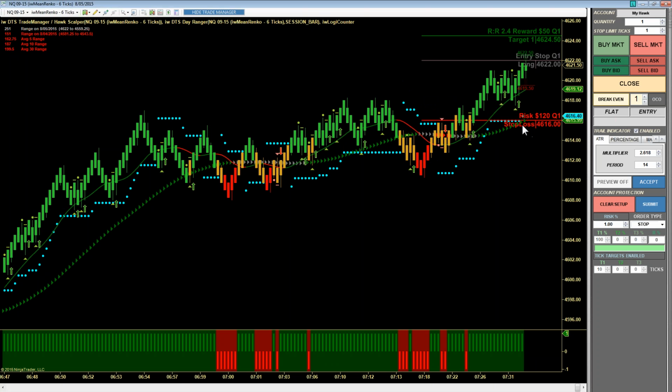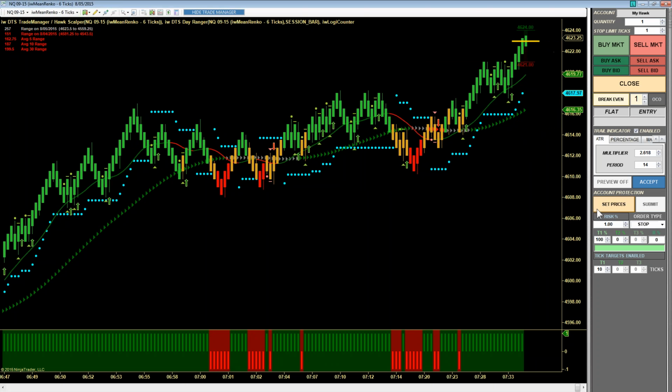So a position like this would be easier to add to. Let's say I get involved, I know I'm only risking 1%. Okay, so the market looks like it's gaining some ground, I'll enter another position right there. So now I'm probably adding another $150 risk. I'm still below my 2%, what I can afford to lose.